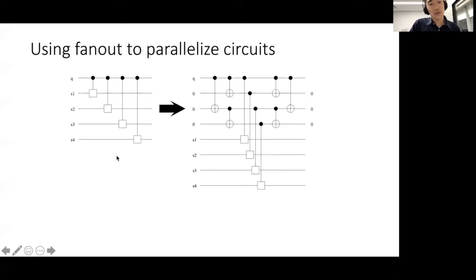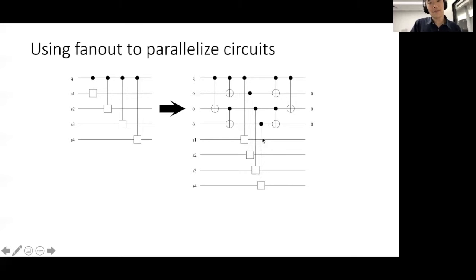So one could use the trick, if one had access to a number of ancilla qubits, to implement controlled NOTs from the control line onto these ancillas, and then use all these qubits as the controls for parallel applications of the controlled unitaries onto the target qubits.